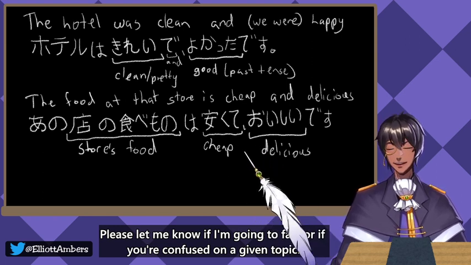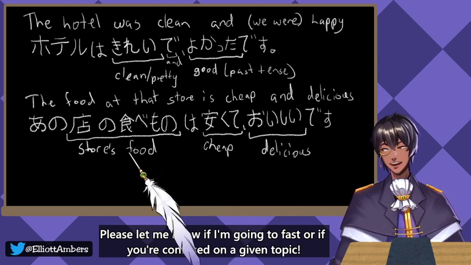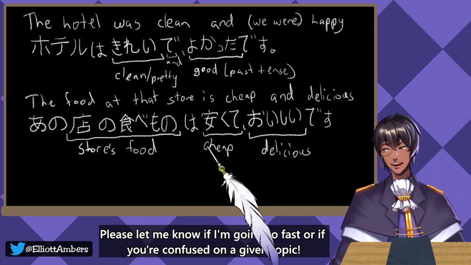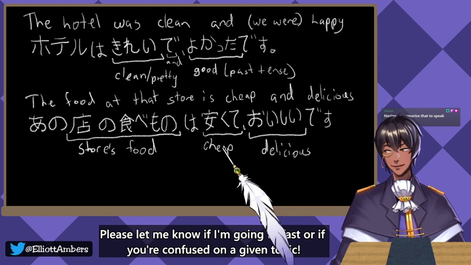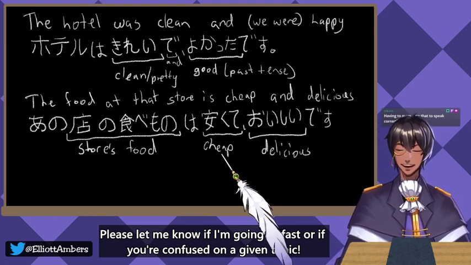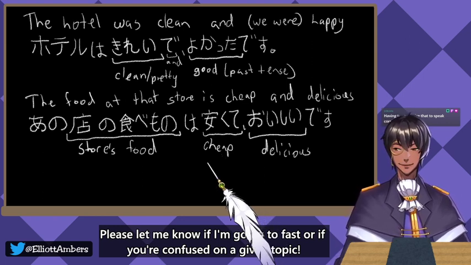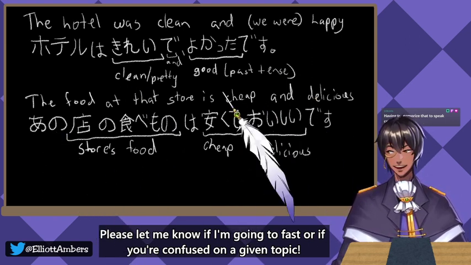And someone had asked before, what happens if we swap the order of the adjectives? If I say, mise no tabemono wa oishikute yasui desu. Right, having to memorize that to speak correctly. Well, the good thing here is that next lesson, we're going to be talking about what we call short form. So this seems like a lot right now.